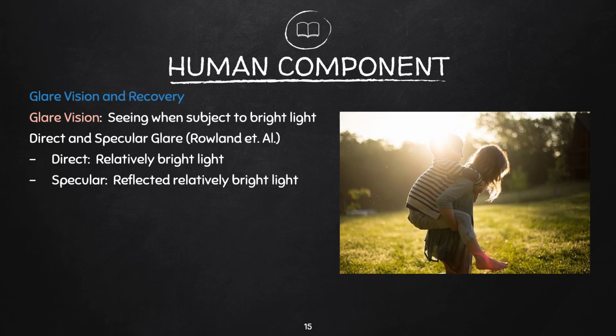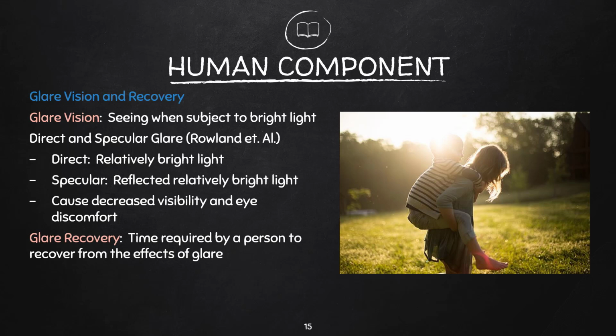Rearview mirrors during the day are some sources of specular glare. This causes decreased visibility and eye discomfort. Of course, if you try to look at the sun for a very long time, or even for a short time, it will cause a decrease of your visibility or decrease of your perception.